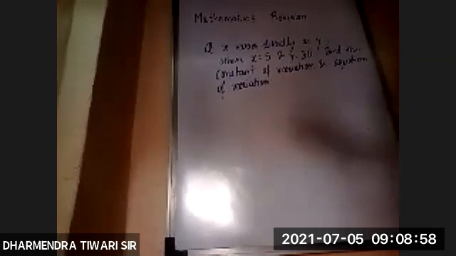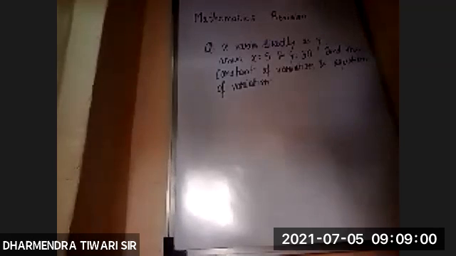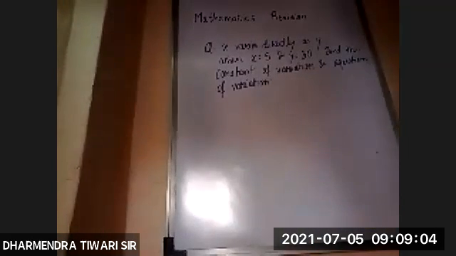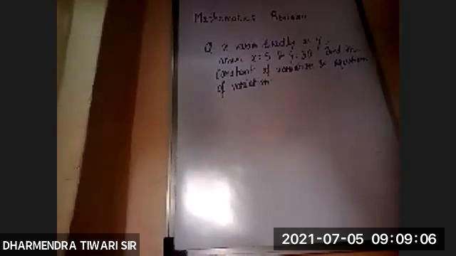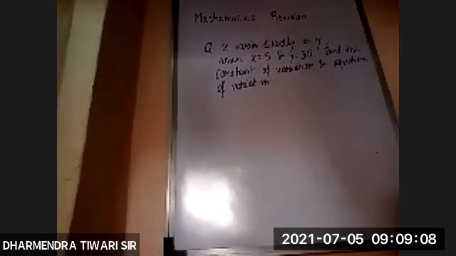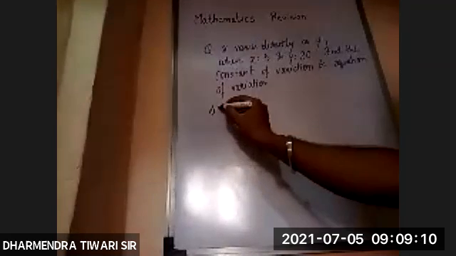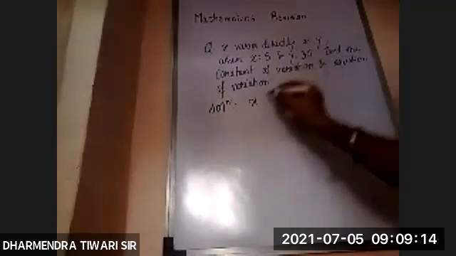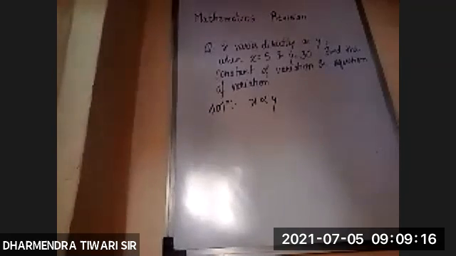So it's a very simple problem. As you know, if two variables are in direct variation, how do we write that? X varies directly as y, so write x alpha y.